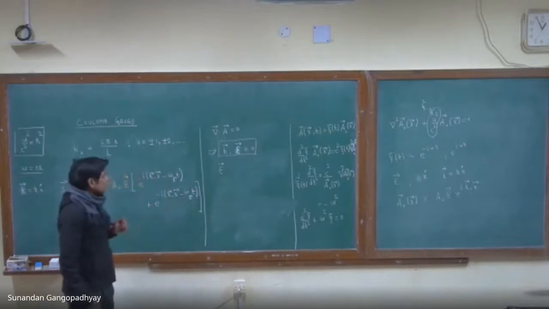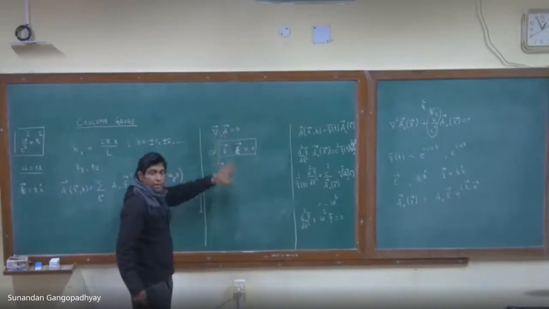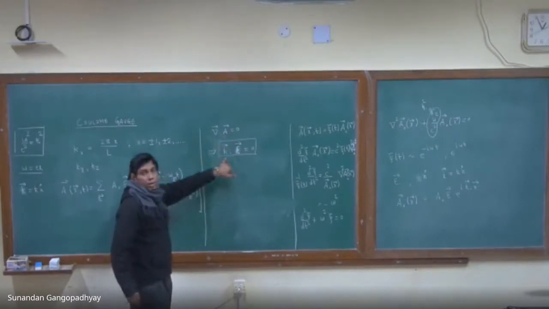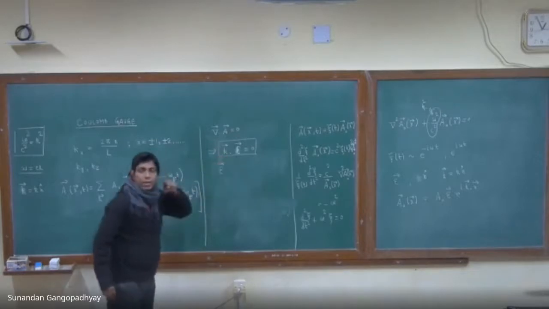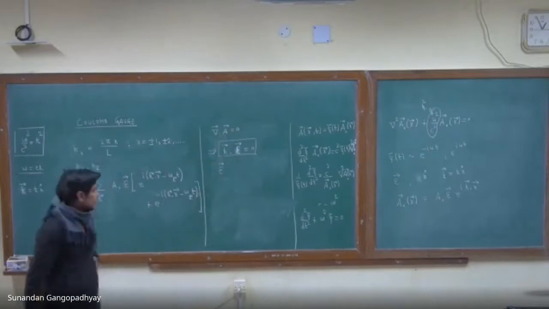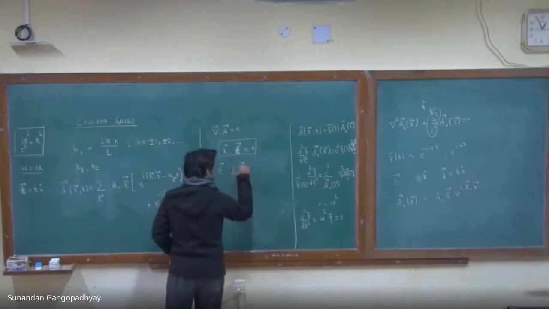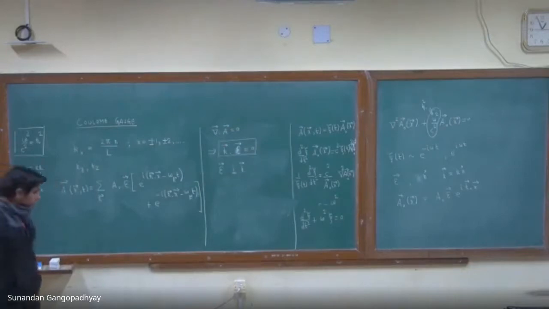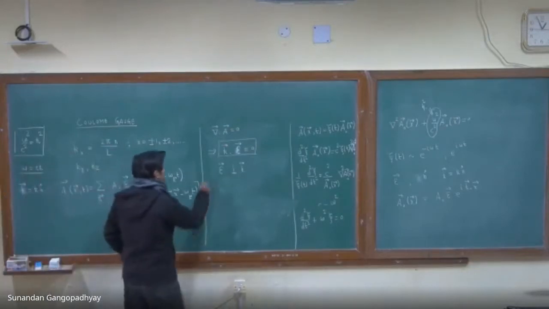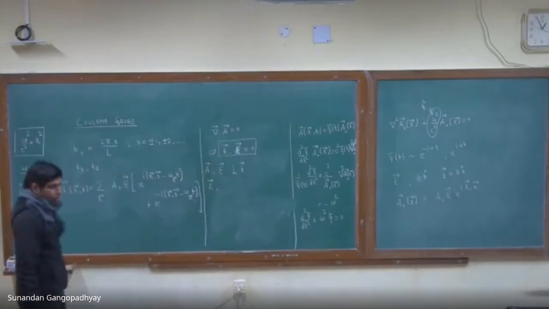So this tells you that the polarization vector as well as the A vector and the electric field vector all lie in a plane which is perpendicular to the direction of propagation of the electromagnetic field. So epsilon vector is perpendicular to k vector, and k vector is nothing but the direction of propagation of the plane electromagnetic wave. The A vector is also perpendicular to this, and the E vector is also perpendicular to this k vector.